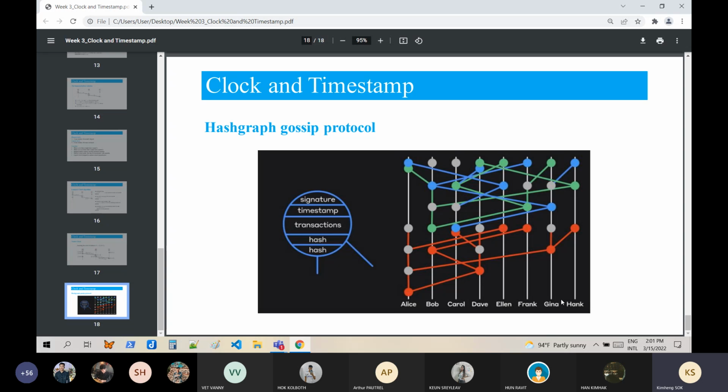And when those people communicate with each other within the system, we can use an example like sending money. If this user sends money to this one, and this one sends money to this one, something like that, we would like to know which transaction happened before another transaction.